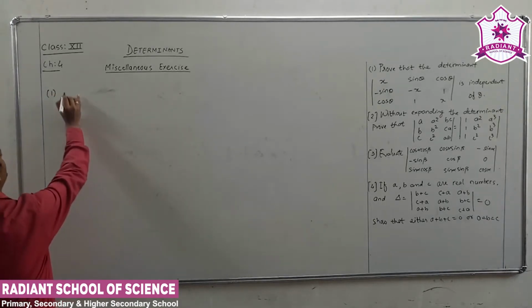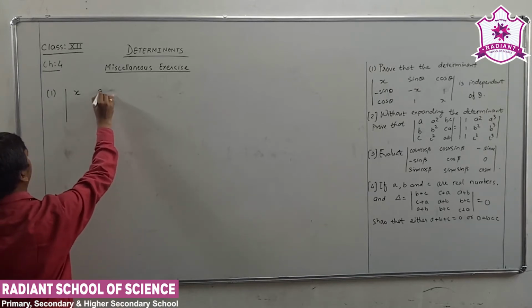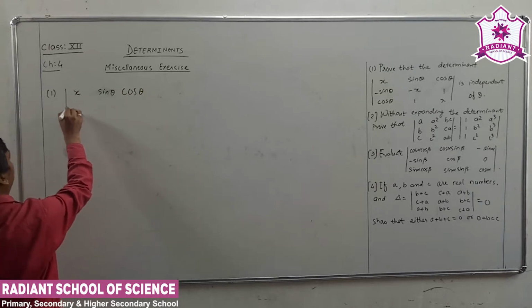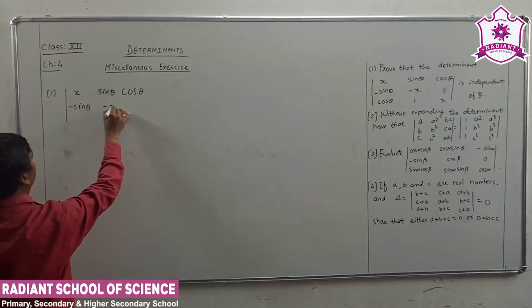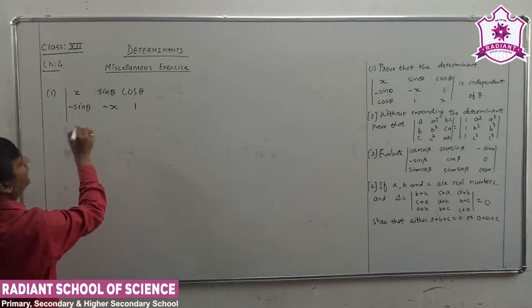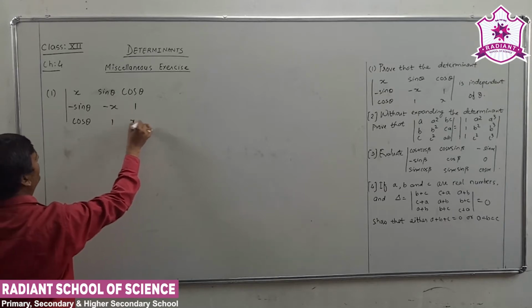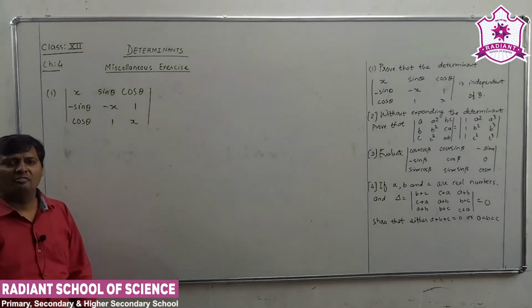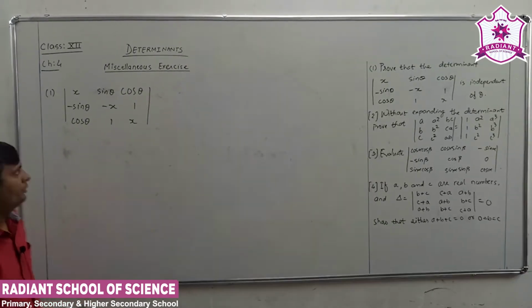So the determinant is x, sin theta, cos theta, minus sin theta, minus x, 1, again cos theta, 1 and x. Here, first of all, there is nothing to do, directly expand along the first row.